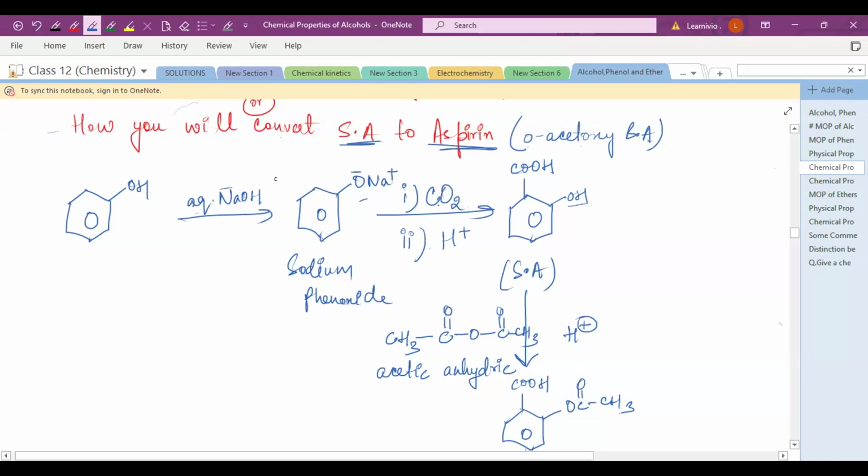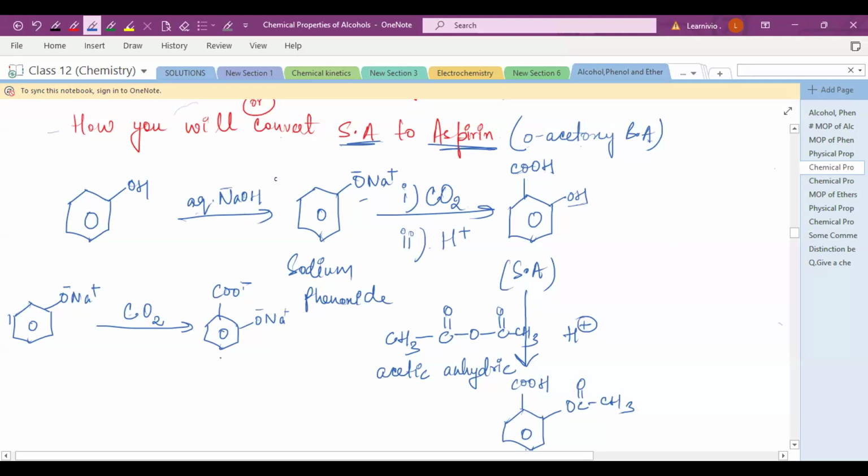Now in the second step, this is a sodium phenoxide, O minus Na plus. When you treat it with carbon dioxide, what happens? The carbon dioxide, this COO minus, and here O minus Na plus.